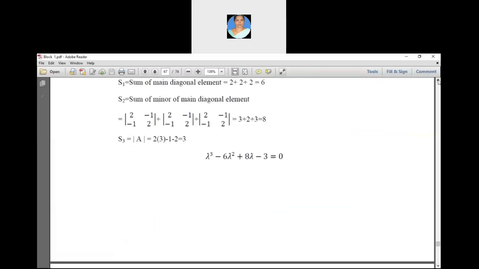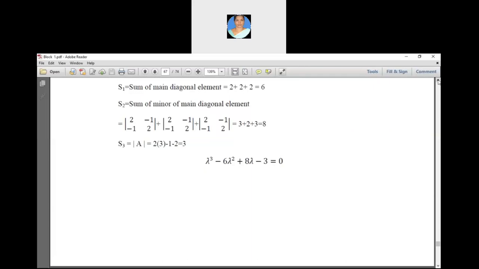Substituting, we get the characteristic equation as lambda cube minus 6 lambda square plus 8 lambda minus 3 equal to 0.